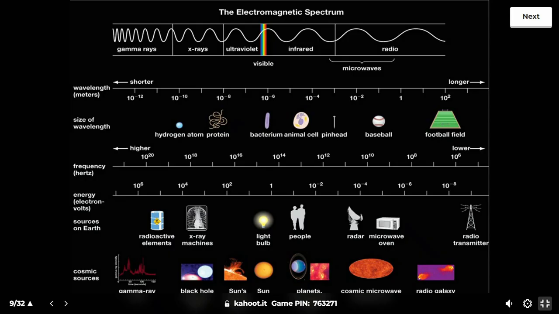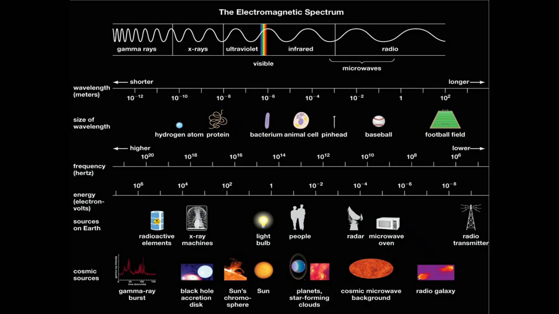Here is the entire electromagnetic spectrum going from the shortest wavelength light, which is gamma rays, up to the longest wavelength of light, which are radio waves. So if we start from highest frequency or shortest wavelength, we go gamma rays, then a little bit longer wavelength, which means a little bit less frequency, are X-rays.